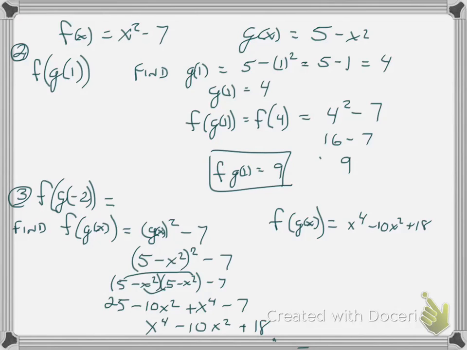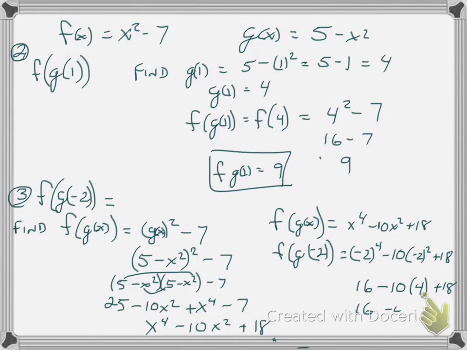To find f of g of negative 2, I could plug negative 2 in. Negative 2 raised to the fourth minus 10 times negative 2 squared plus 18. Negative 2 raised to the fourth, because it's even, is going to be a positive 16, minus 10 times negative 2 squared, which is 4, plus 18.